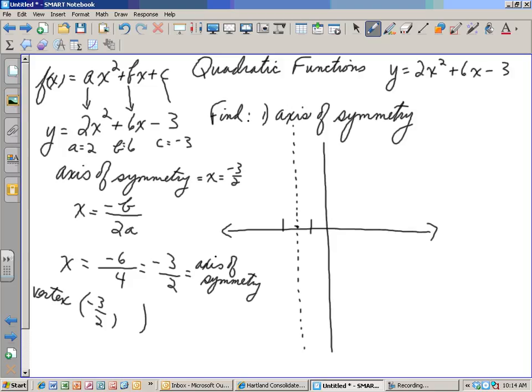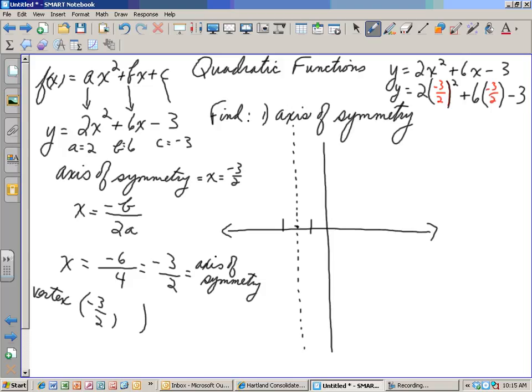In order to find the y, we're going to put in -3/2 for x. That will tell me the y-coordinate of the vertex.